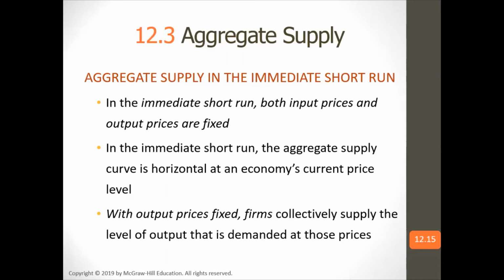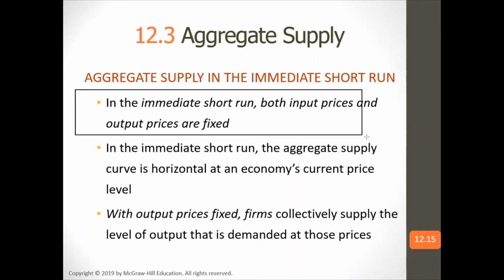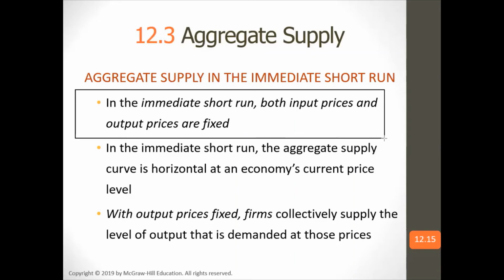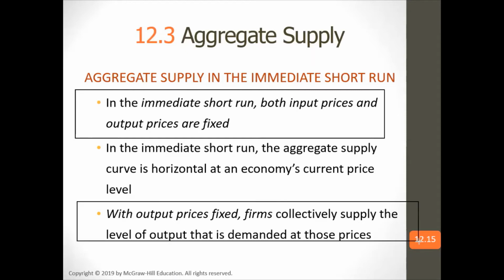In the immediate short run, both input prices and output prices are fixed. That's an important thing. So they don't change in the short run. In the immediate short run, the aggregate supply curve is horizontal at the economy's current price level. Firms have a lot of choices because they don't have to worry about price changes.